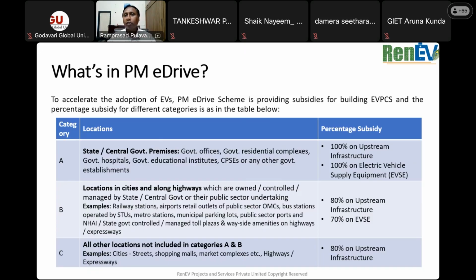If you want to install a charger inside such places, we will provide you 80% subsidy on the upstream infrastructure. Now, this is all fine. 100% of what? Many of you might have thought, what is this 100%? If I spend 1 crore, will they give me 1 crore? The next slides provide you the detailed information.